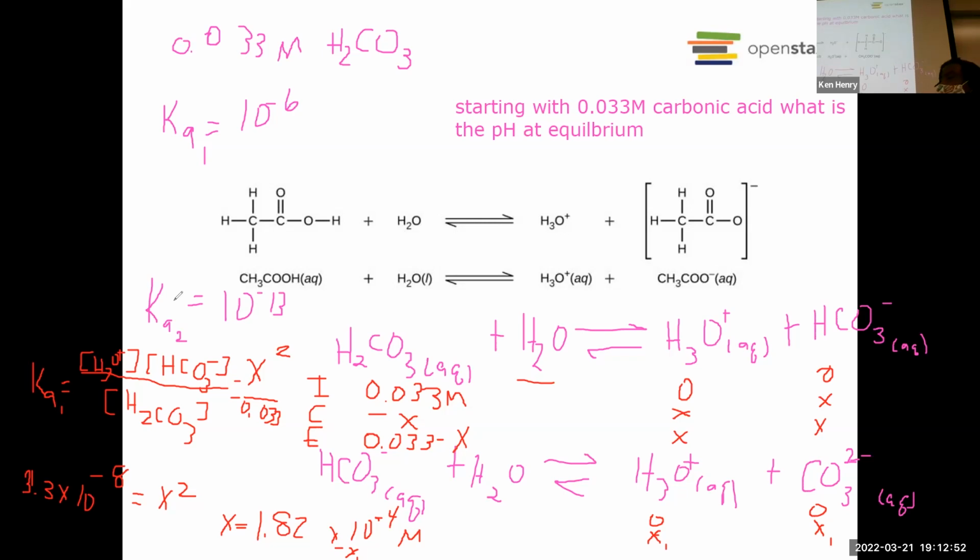Well, let's do the math, right? Easiest way to figure it out is to do the math. So if we have Ka2, it's going to equal 10 to the minus 13, and that's equal to X1 squared all over 1.25 minus X1, and Ka1 is 1.82 times 10 to the minus 4.